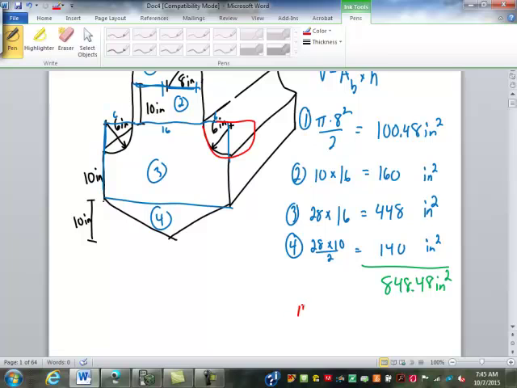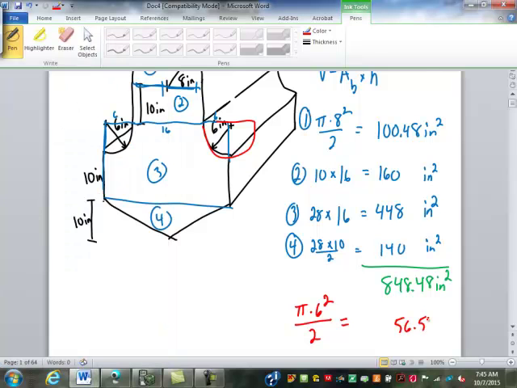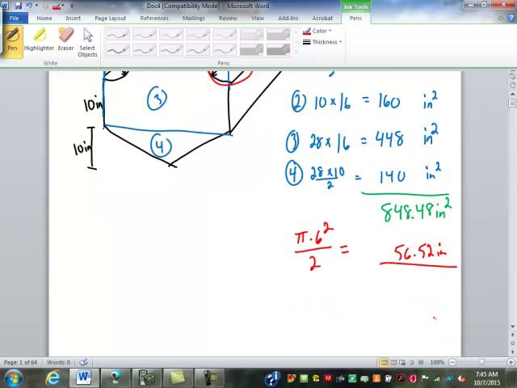So that area is going to be pi times 6 squared divided by 2. 56.52. So when we subtract that out, I do get 791.96. Is that what you had? Yeah. 792? Close enough.